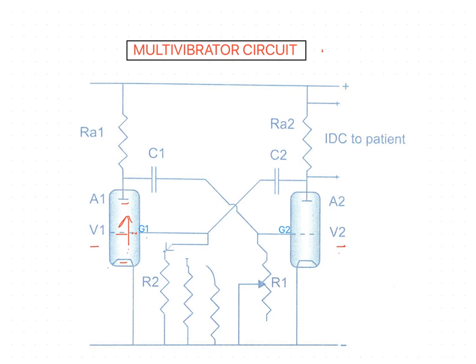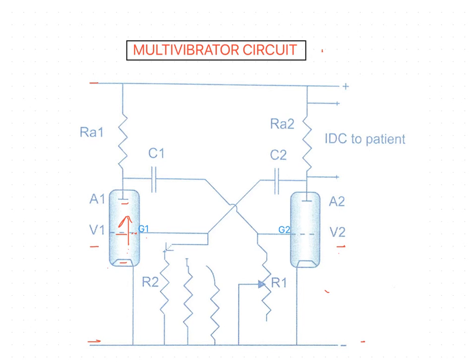These two are arranged in parallel with each other across the supply lines. These are the supply lines, one positive and one negative. Between these two supply lines, the valves are arranged in parallel.